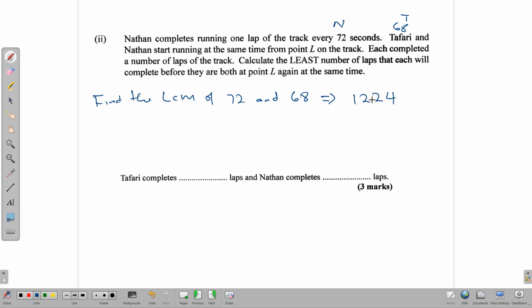And when we do the division using the LCM, so 1,224 divided by 72, that would be Nathan. We end up with, for Nathan, 17. And of course, 1,224 divided by 68 for Tafari, we end up with 18.